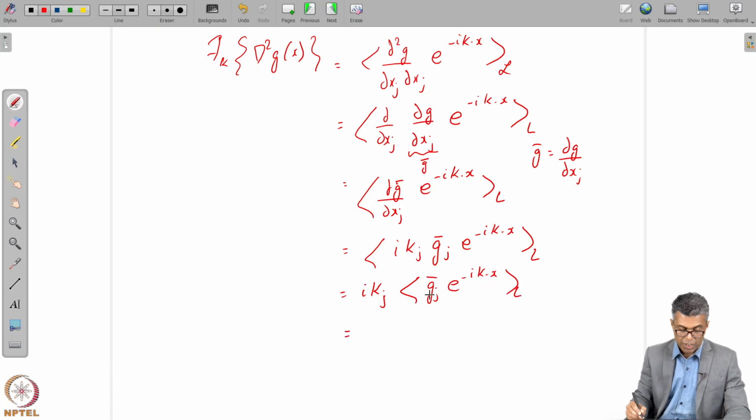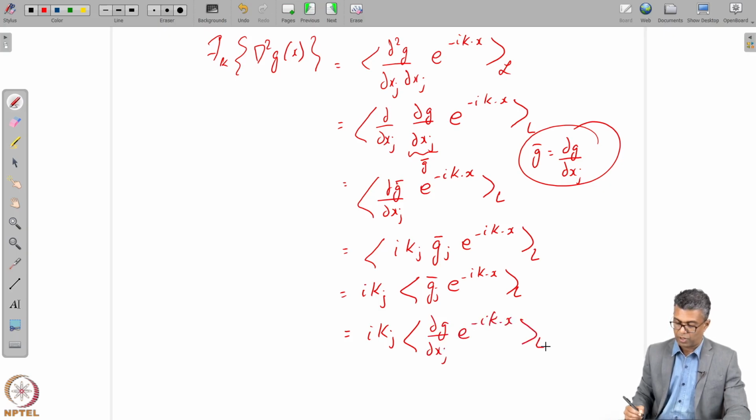Finally, for gj bar, I can write this as i kappa j, and substitute this back. So then I'll have del g del xj e to the minus i kappa dot x volume average.